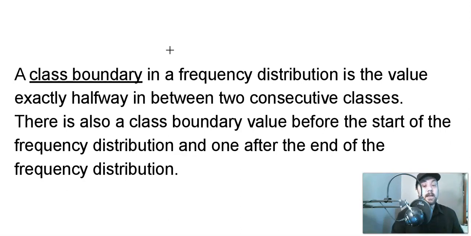There is also a class boundary before the start of the frequency distribution and a class boundary after the end of the frequency distribution. So we kind of have boundaries on the ends of the frequency distribution and in between each consecutive pair of classes.